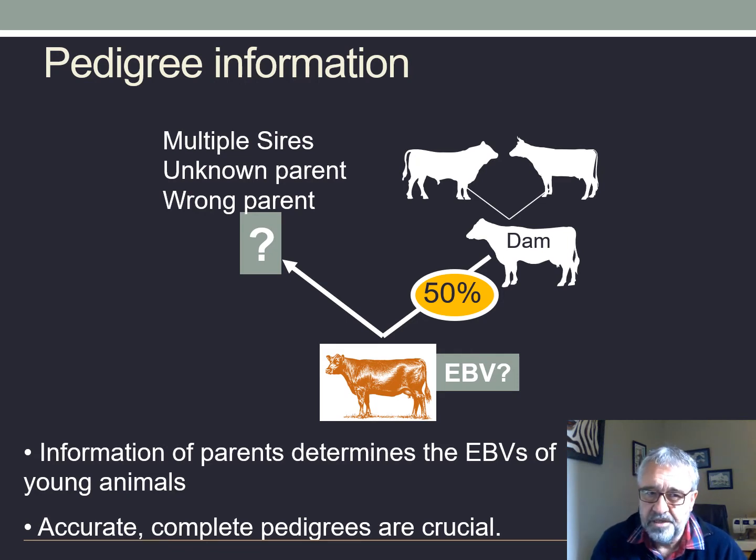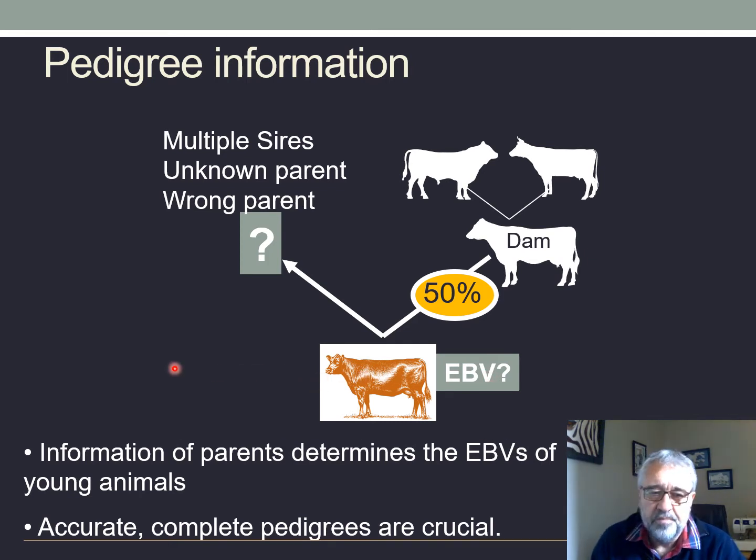So what happens if multiple sires are used in a mating situation, and the parentage has never been established, or there's an unknown parent, or even a wrong parent for that matter? Then that information is lost, and only half the information, let's say the information from the dam, can be used in the prediction of the breeding value.